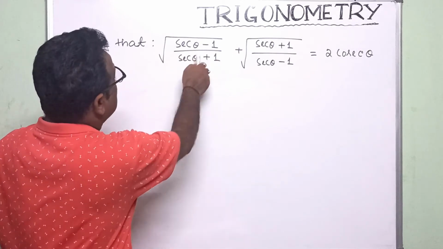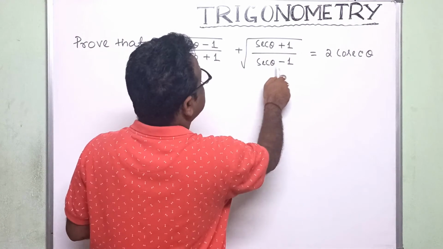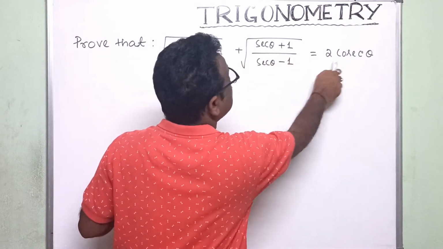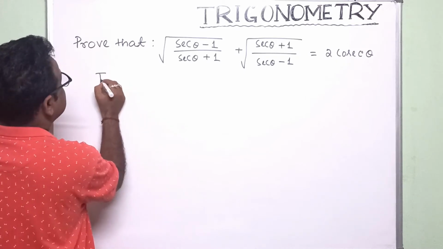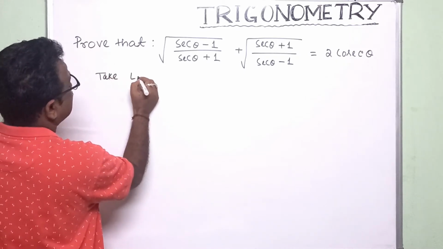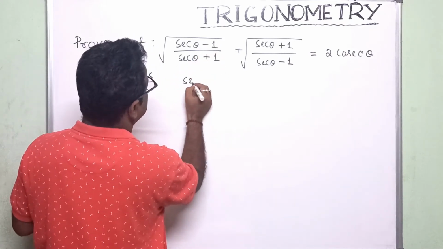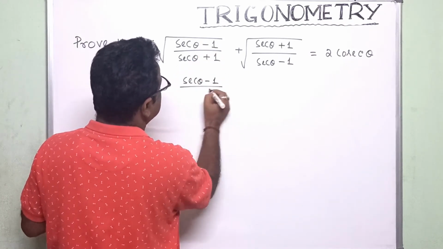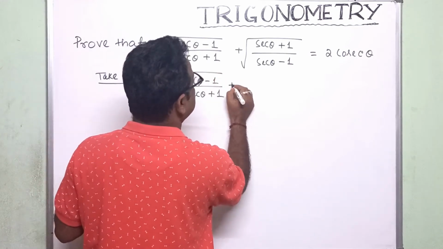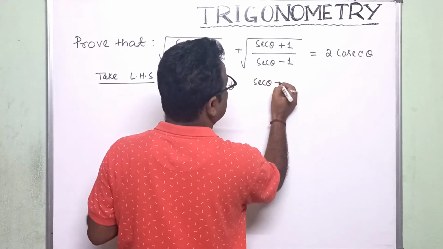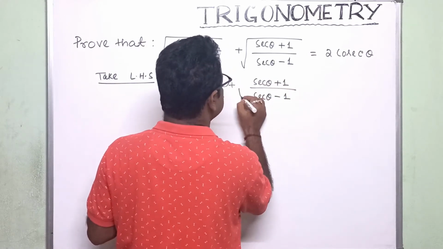Sec theta minus 1 by sec theta plus 1 whole root over, plus sec theta plus 1 by sec theta minus 1 whole root over, is equal to 2 cosec theta. So now take LHS. Sec theta minus 1 by sec theta plus 1 root over plus sec theta plus 1 by sec theta minus 1 root over.